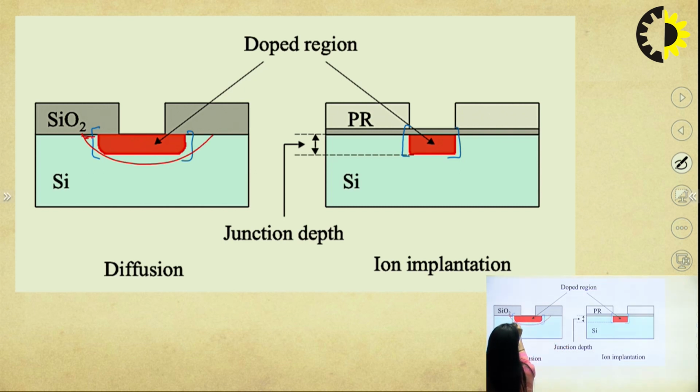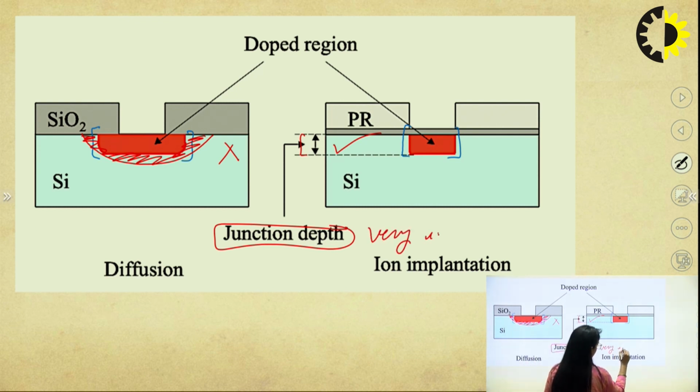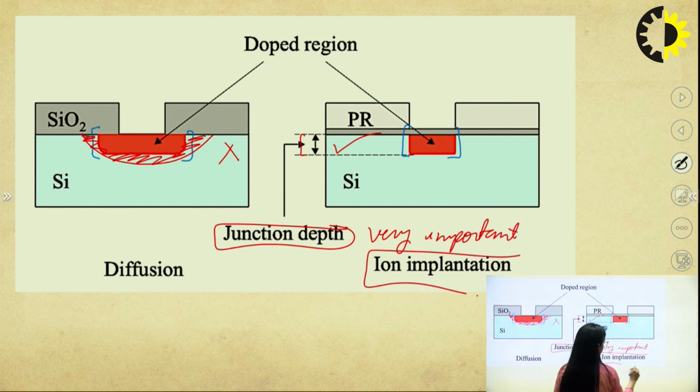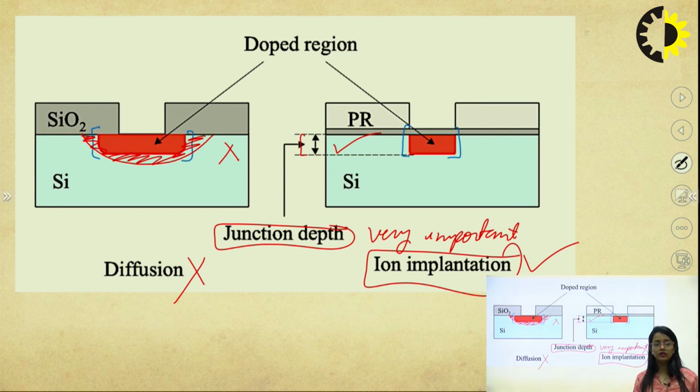So when it is like this, the junction depth, which should be only this, is not met here, but it is met here. So this junction depth is a very important parameter which is taken care of only in ion implantation and not in diffusion. So if you ask anyone to take a choice between diffusion and ion implantation for better junction depth, the answer will be ion implantation.